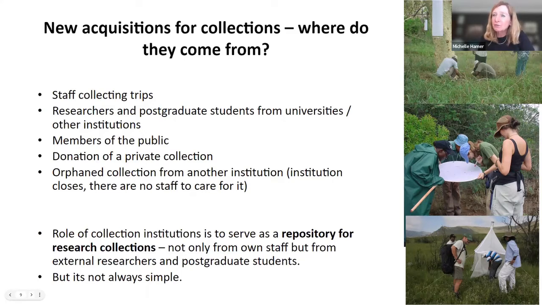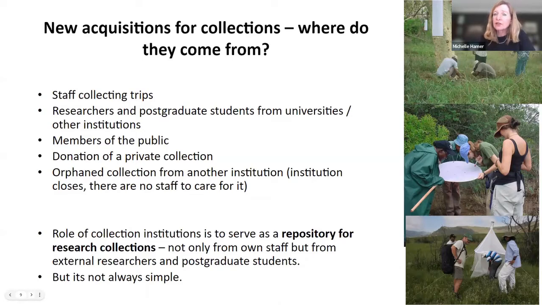And then donation of private collections, so these would be collections that had been at somebody's home that they built up over many years and they suddenly can't look after it anymore, or they die and their family brings it into the institution. And then orphaned collections from another institution. So an institution closes down, or an institution doesn't have the money or the staff to look after a collection anymore, and so they move it into another one. So these are different sources of material.